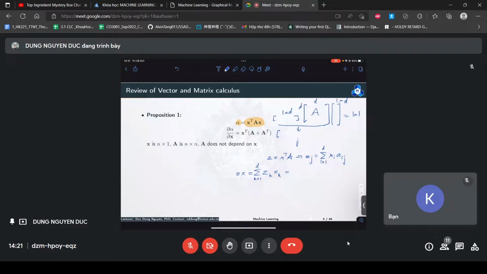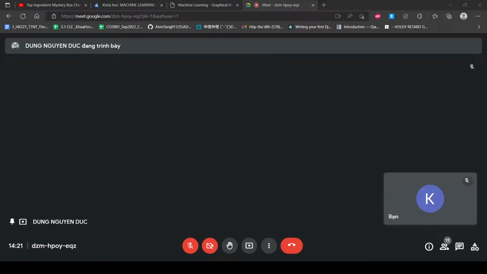If you replace things, you will have the sum over k equal 1 to d of x_k multiplied with the sum over i from 1 to d of x_i A_ik.